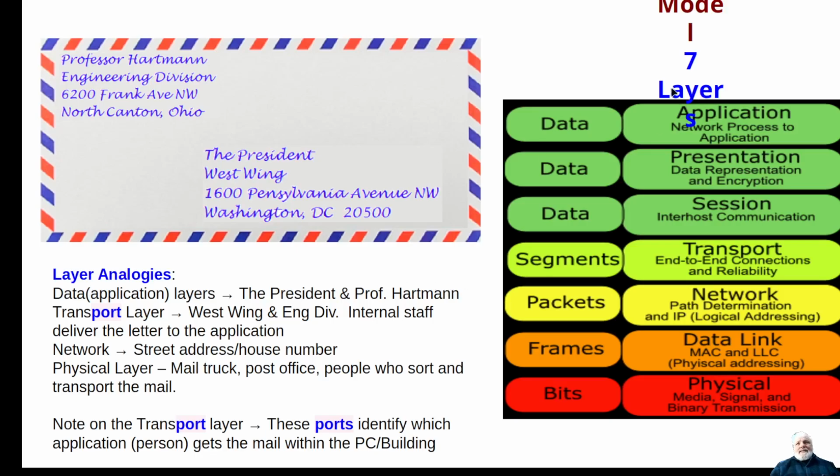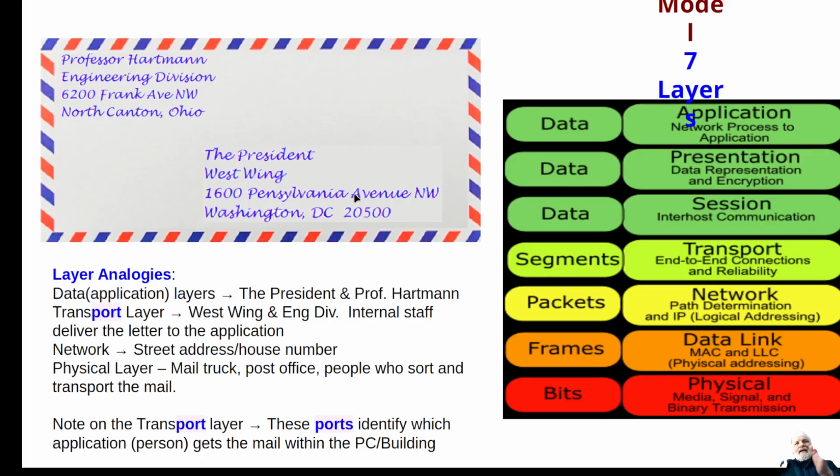So when we look at this encapsulation, we have these different layers here, and I just want to use this analogy so you can kind of understand the differences. So basically, the 1600 Pennsylvania Avenue, that is the network layer. Now notice there's two parts to that. There's the number 1600 and then the street, right?